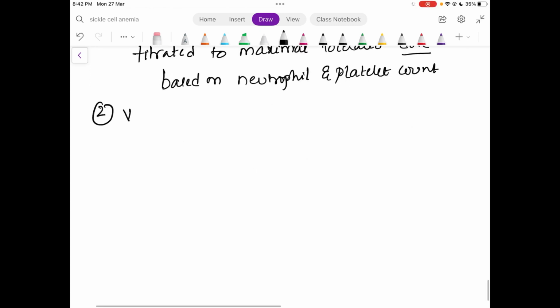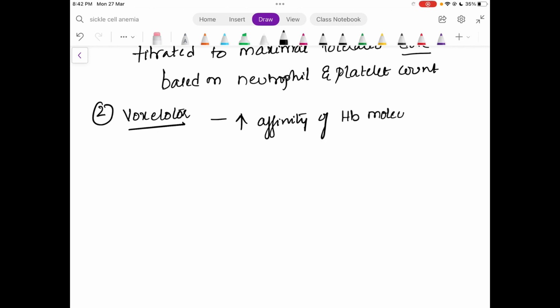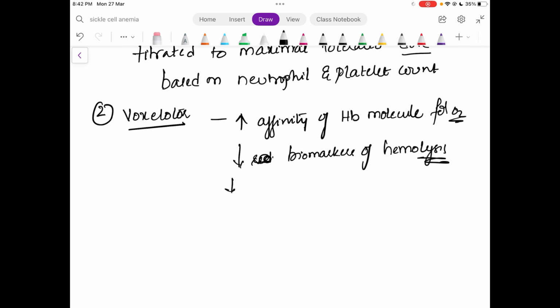Another drug which is used for the treatment of sickle cell anemia is voxelotor. What voxelotor does is it increases the affinity of hemoglobin molecule for oxygen, and it also decreases biomarkers of hemolysis, and it will also decrease polymerization.